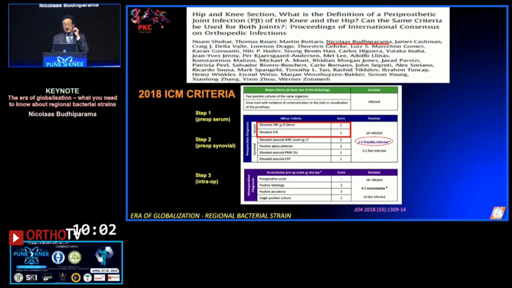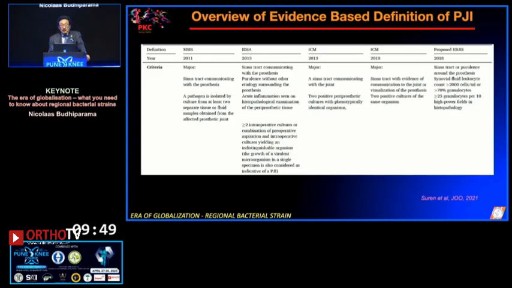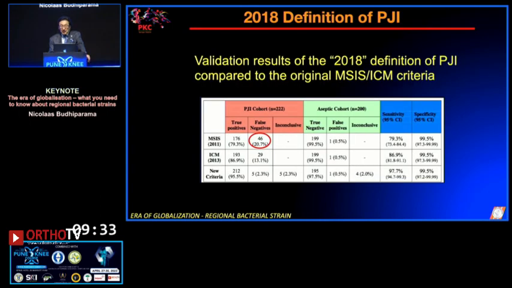We wrote the definitions of periprosthetic joint infections in the 2018 International Consensus criteria, divided into major criteria and minor criteria. So what is the controversy? In the same year, 2018, besides the ICM, there's another group, the European Bone and Joint Infection Society, that proposed another guideline.